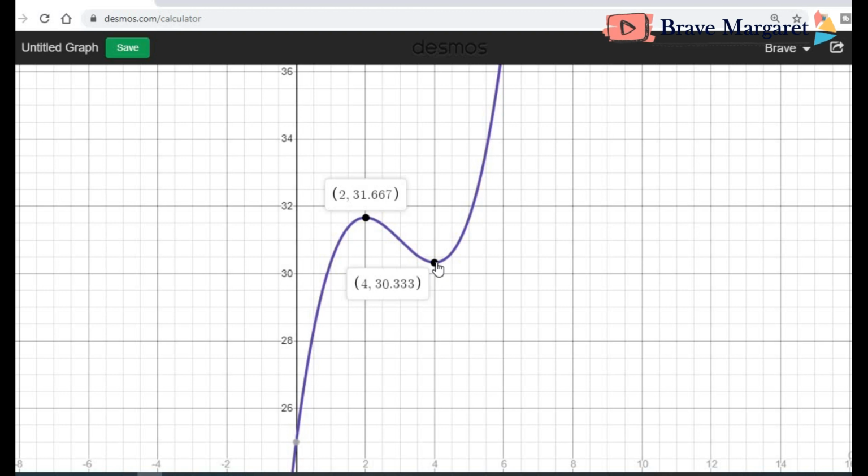After plotting the function on a graph, we can see that the maximum value of the function is equal to 31.667, which occurs at x is equal to 2, and the minimum value of the function is equal to 30.333, which occurs at x is equal to 4.